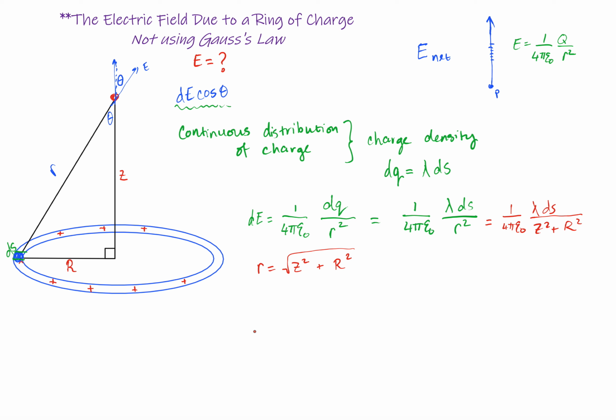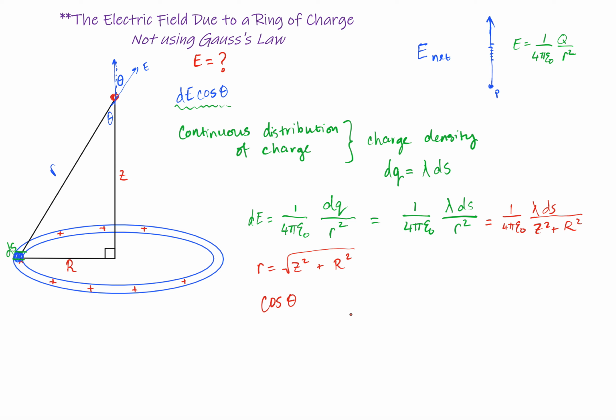My ultimate goal is to integrate this function, and if I have theta here, it's going to add a whole other variable that I have to integrate against, and this is ds, and that's theta, so it's too many different things. So I'm going to find an expression for the cosine of theta in terms of what I have here.